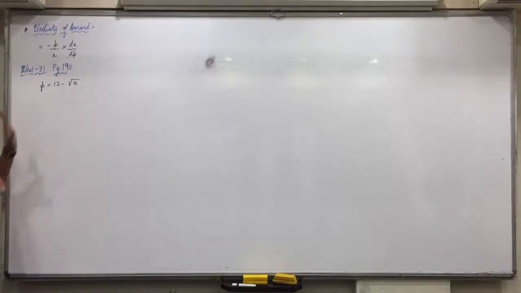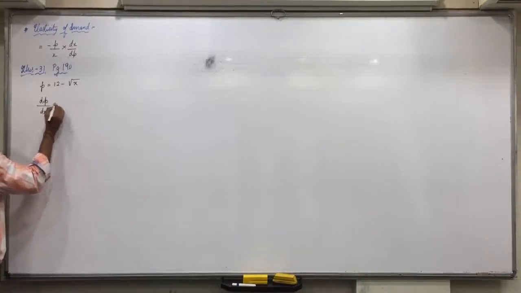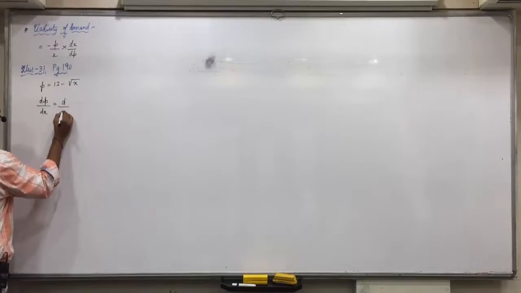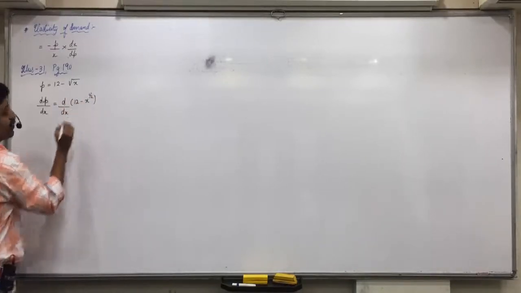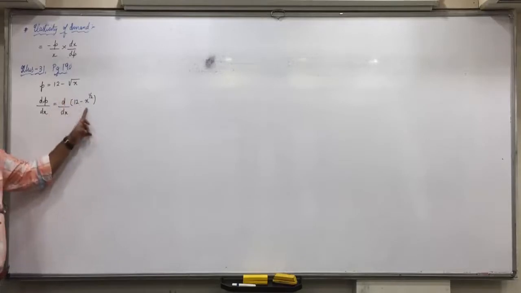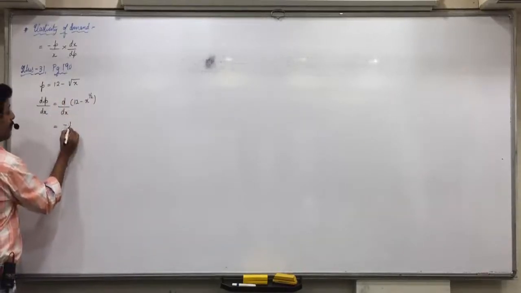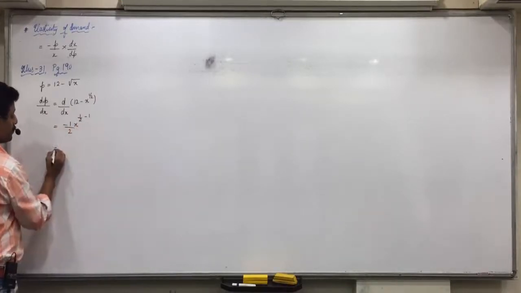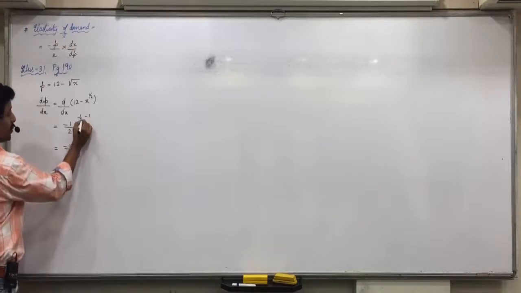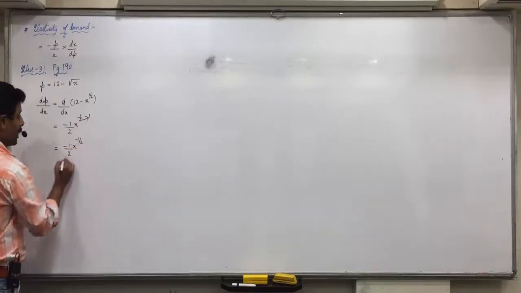Any confusions? So we can get dp upon dx. That is d upon dx of 12 minus, can I write x raised to 1 by 2? Root x means x raised to 1 by 2. 12 becomes 0. Minus 1 by 2 x raised to 1 by 2 minus 1, that is minus 1 by 2 x raised to minus 1 by 2.